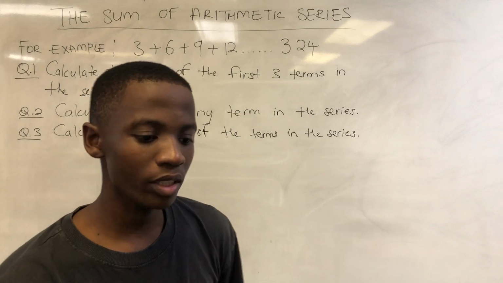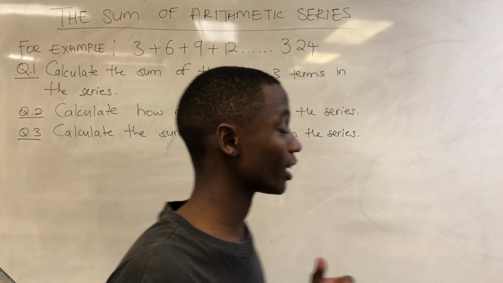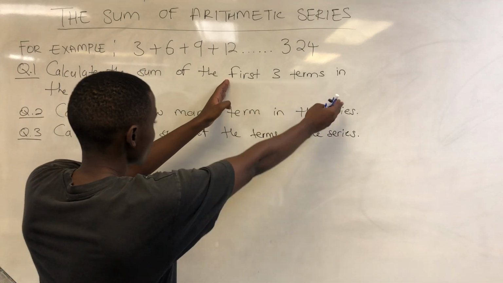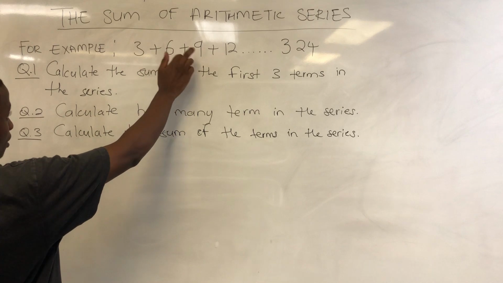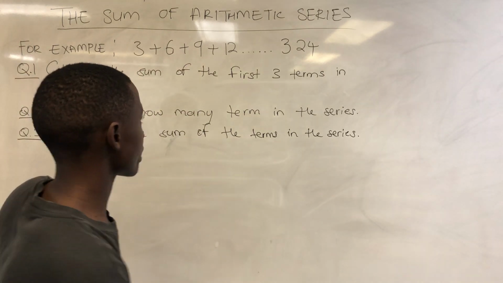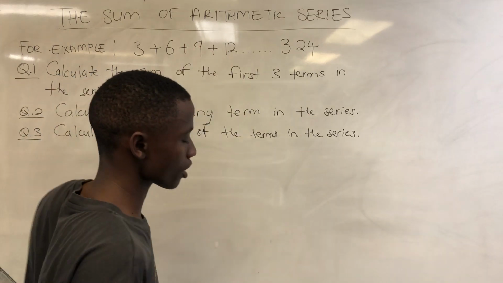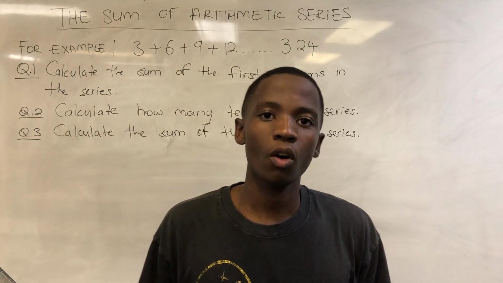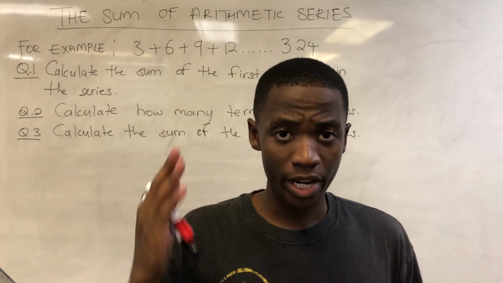The first three terms are 3 plus 6 plus 9. So 3 plus 6 is 9, plus 9 is 18. The sum of the first three terms equals 18.